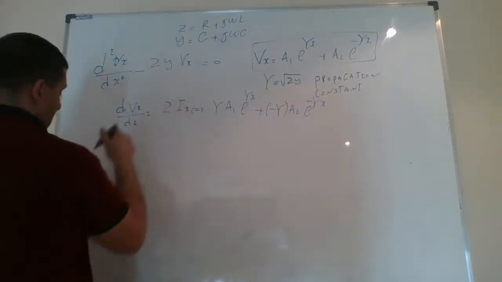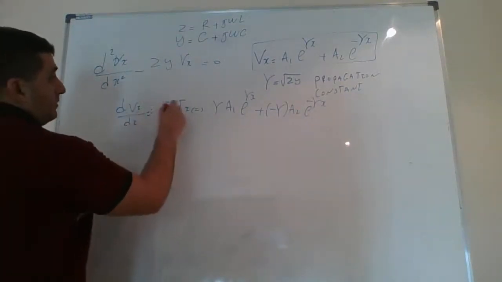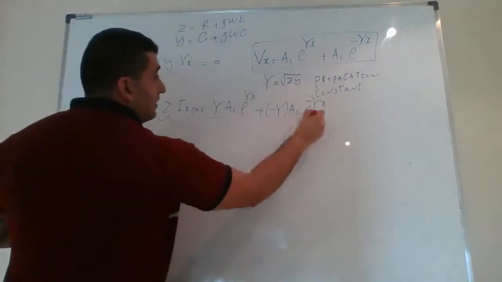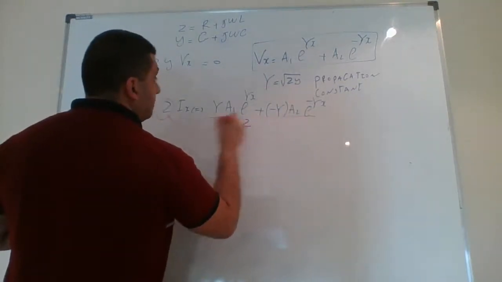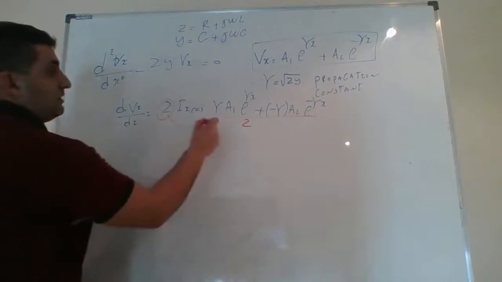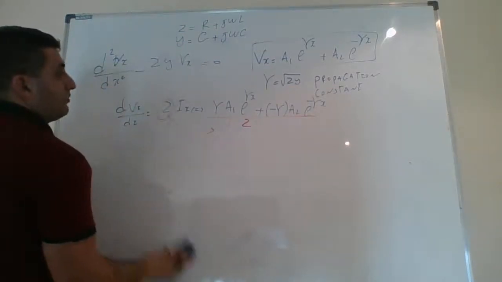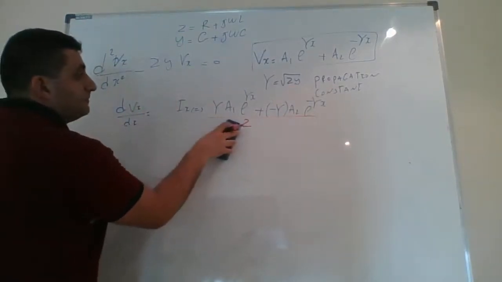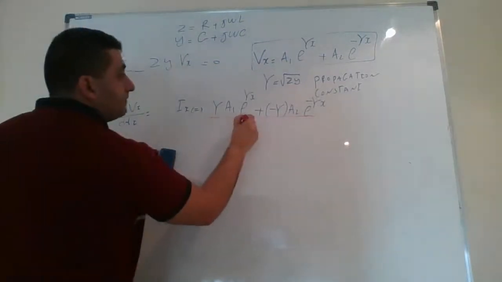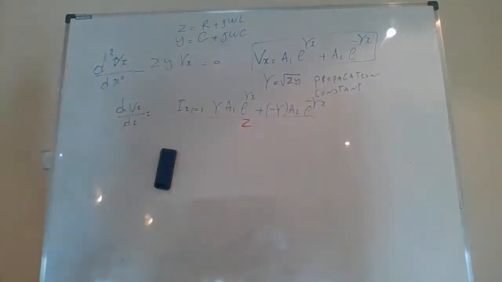Now I take this and I put it down. That's what I did. I take the z, put it down to find Ix, to find Ix.